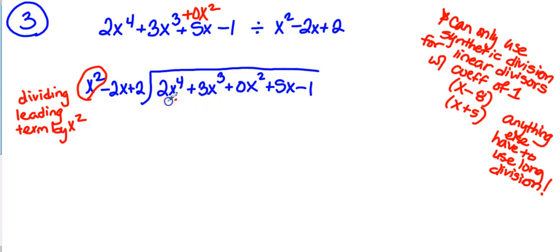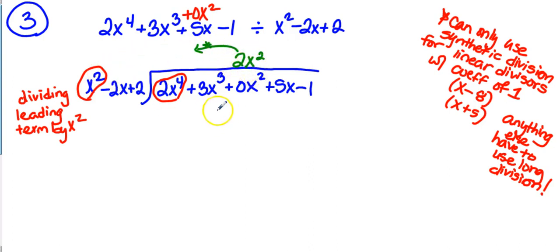So let's get to it. This is my first leading term. x squared times what is 2x to the 4th? Answer, 2x squared. Notice how I lined these up, and by doing that I know exactly how many more places I need to fill. Send this back through, we're going to multiply.